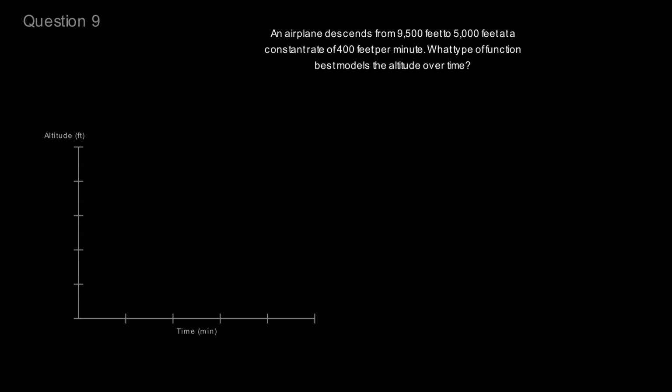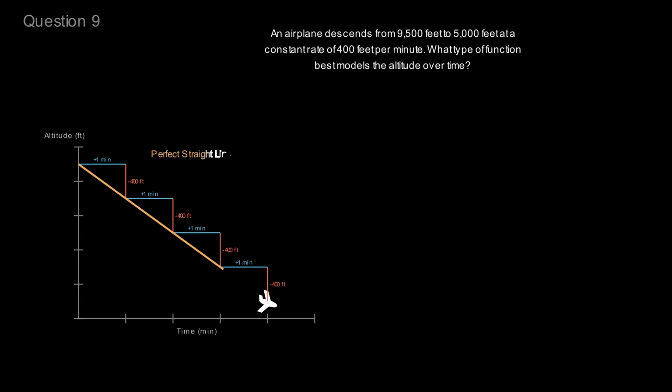As time advances by 1 minute, the airplane drops by a fixed constant amount, 400 feet. Every single minute, the exact same downward step is repeated: plus 1 minute, minus 400 feet. Because the rate of change is a constant amount, forming these perfectly equal steps, connecting them creates a perfect straight line.